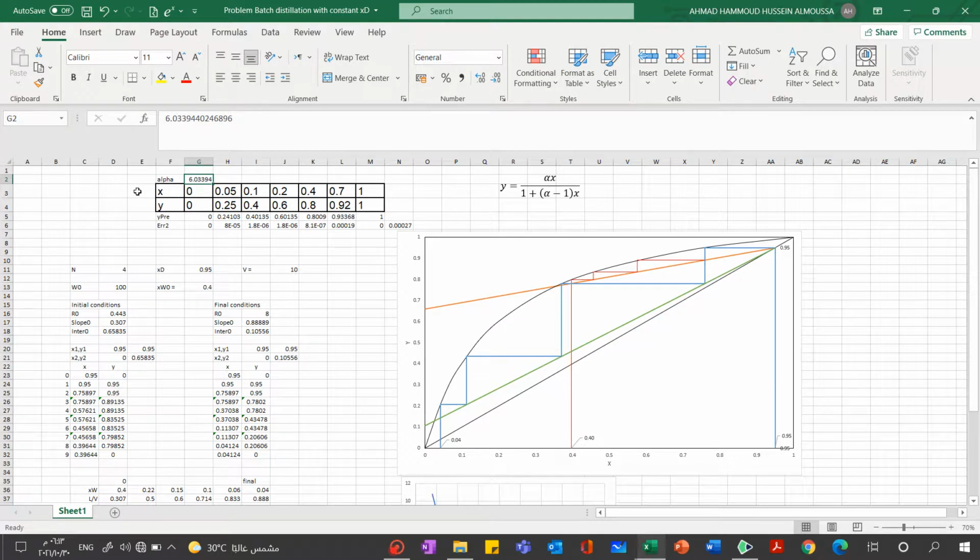I will teach you another technique, not easier, but maybe it will give you more for all types of question answers, because for some questions the equilibrium line, this line, is like this shape.